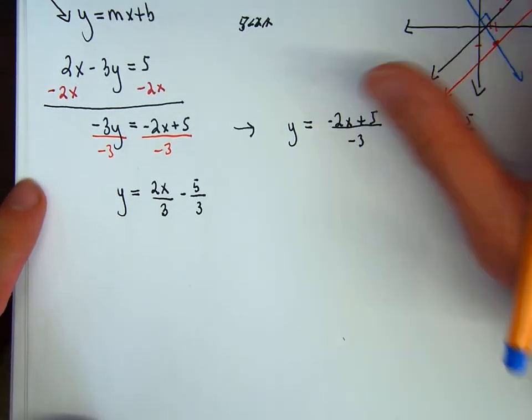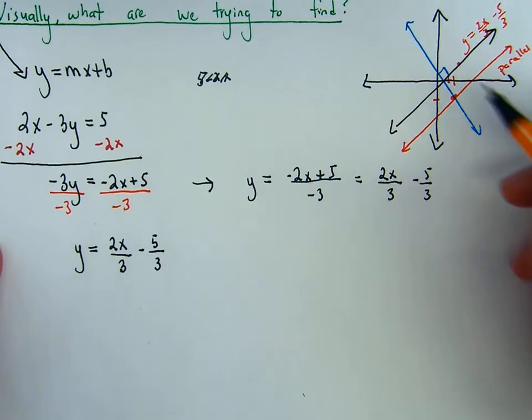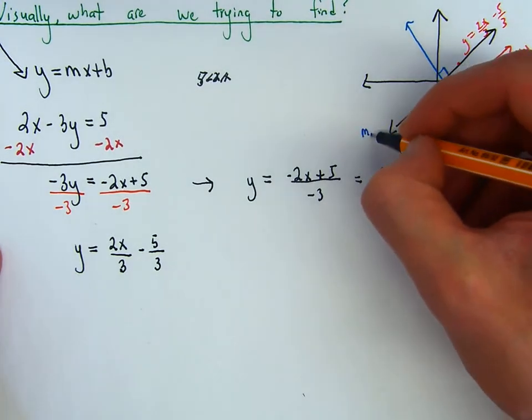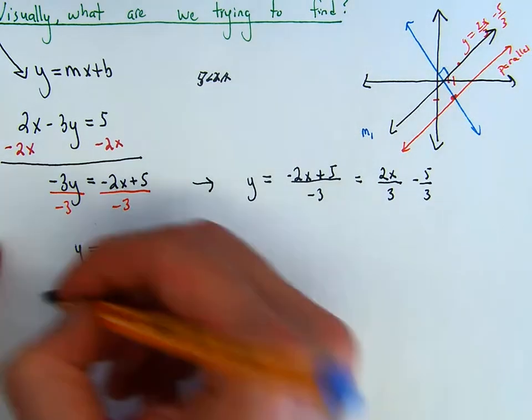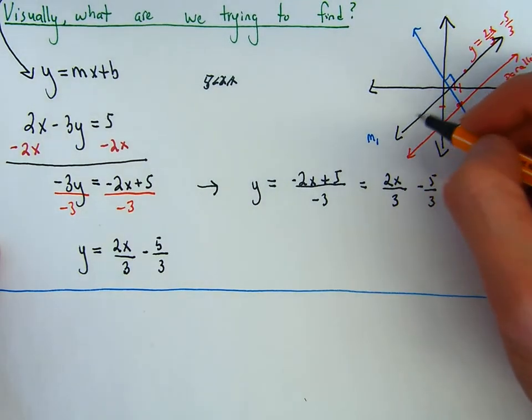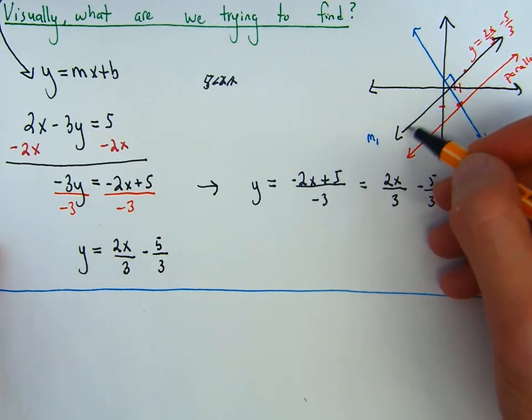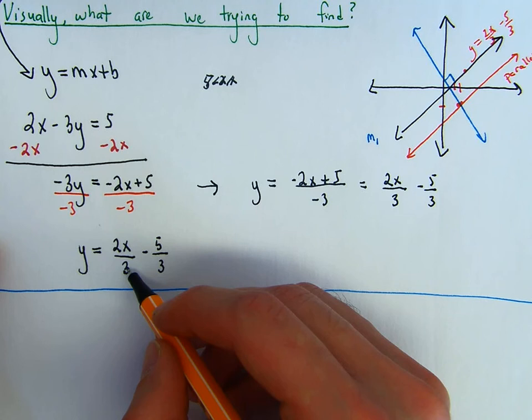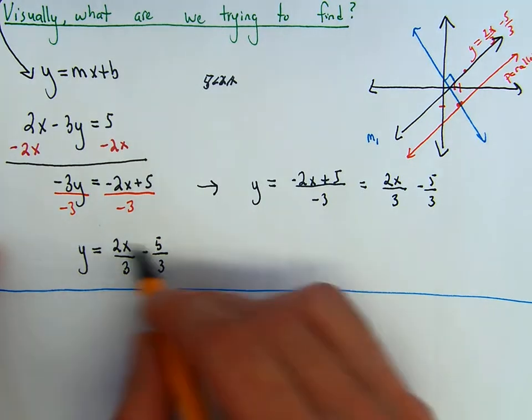The idea here is, what do we know about this line? The slope of this line. Here, this line is y equals 2x over 3 minus 5 over 3. What is the slope of this line?